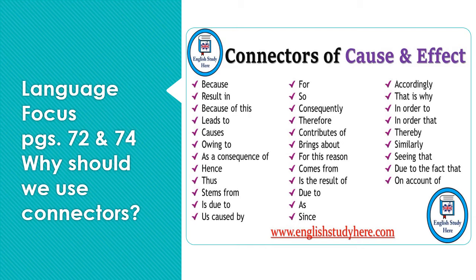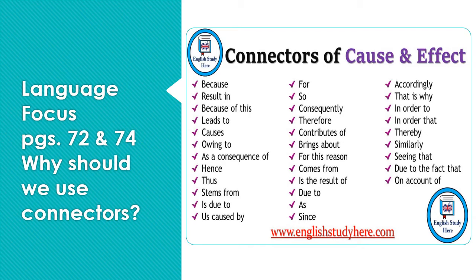Now let's skip on to page 74. On page 74, you should see a box that talks about effect connectors. There are many effect connectors that you use commonly in your writing all the time.